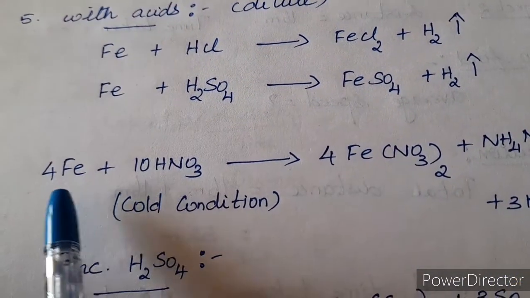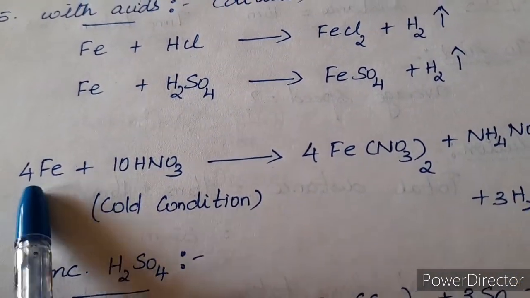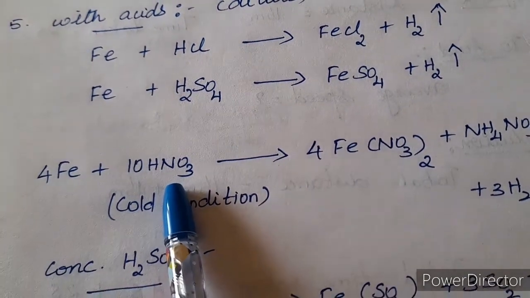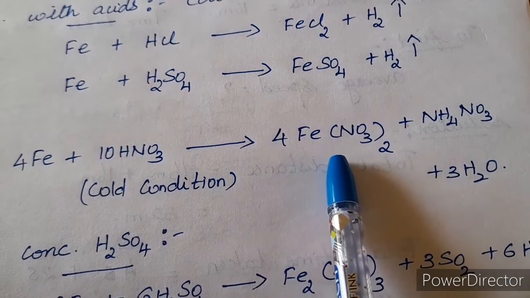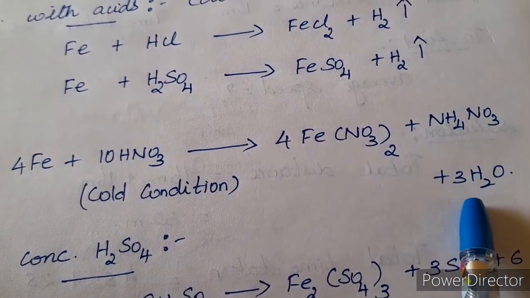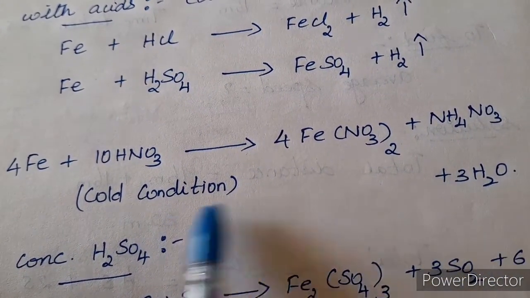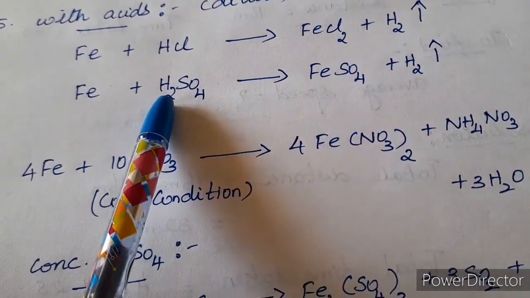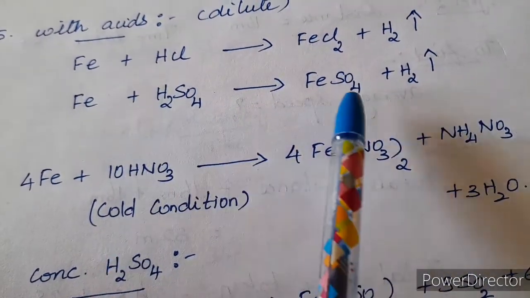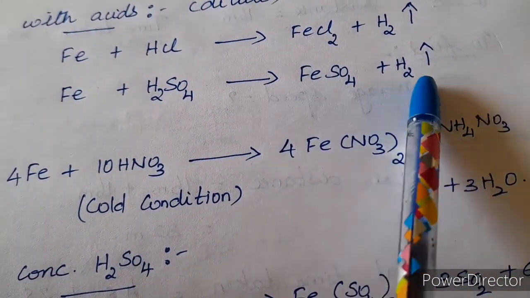Nitric acid, but in cold condition. Iron, when it reacts with dilute nitric acid in cold condition, forms ammonium nitrate and water. So this reaction takes place in cold condition. Now with dilute sulfuric acid, it forms FeSO4 with the liberation of hydrogen.